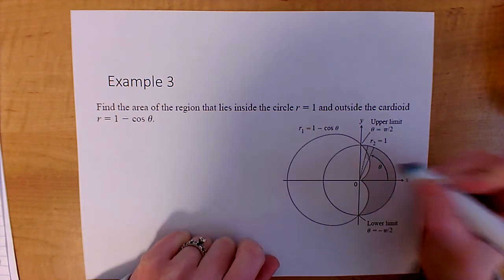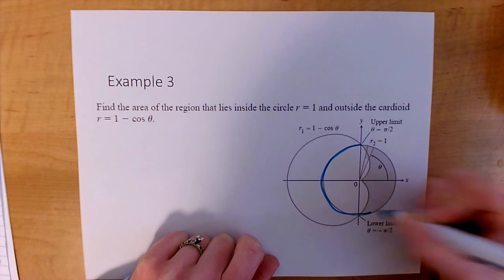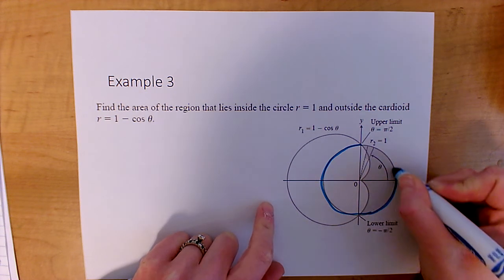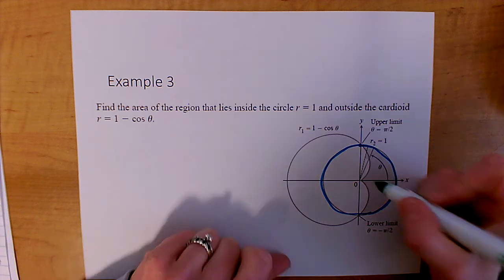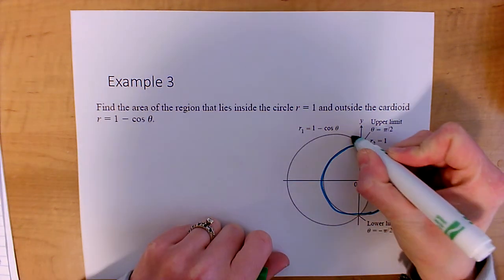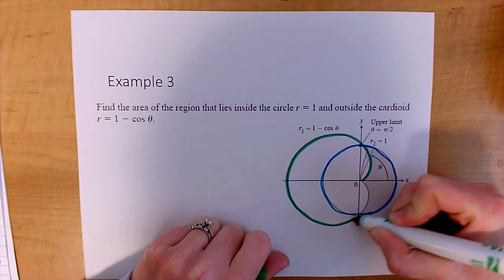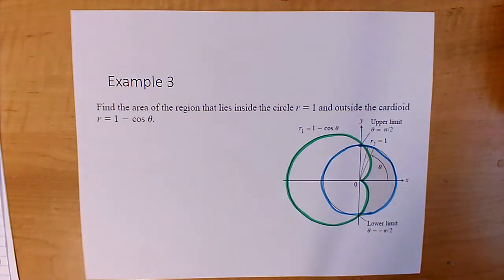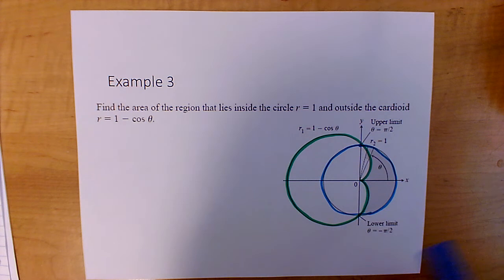Our circle r equals 1 is going to be this blue line, and then the cardioid, 1 minus cosine theta, will be the green line. You always want to visualize these first and either sketch them or graph them on a calculator.